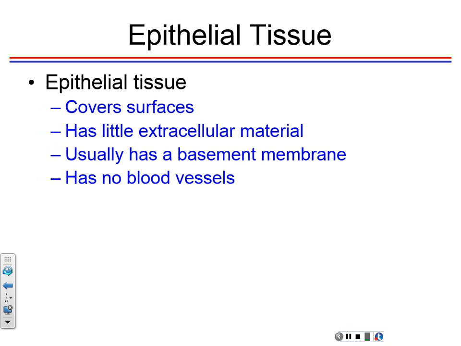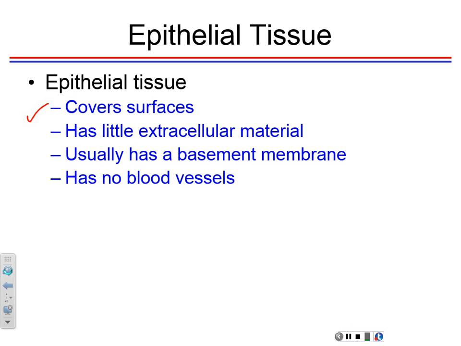And so epithelial tissues, all right? Most of the characteristics of this will depend on the cells. And then the classification of epithelial tissue will depend on the cells, all right? In terms of what's the shape of the cell, how many layers, right? So, like skin, it covers the surface.